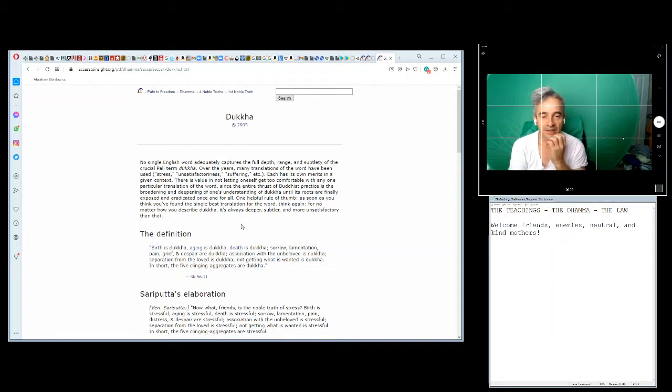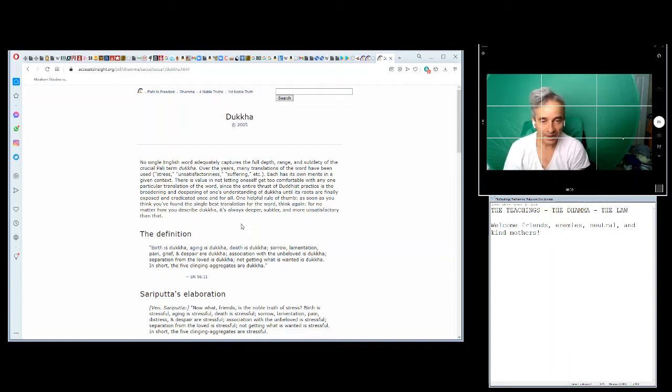There is value in not letting oneself get too comfortable with any one particular translation of the word, since the entire thrust of Buddhist practice is the broadening and deepening of one's understanding of dukkha until its roots are finally exposed and eradicated once and for all. Wow. Is that possible?